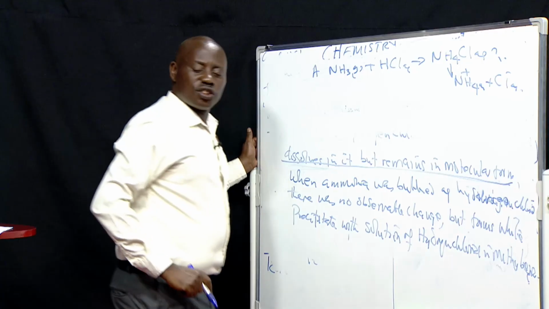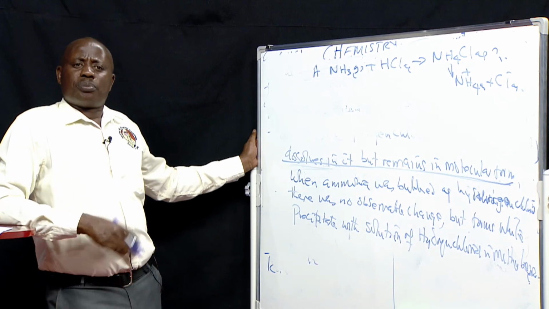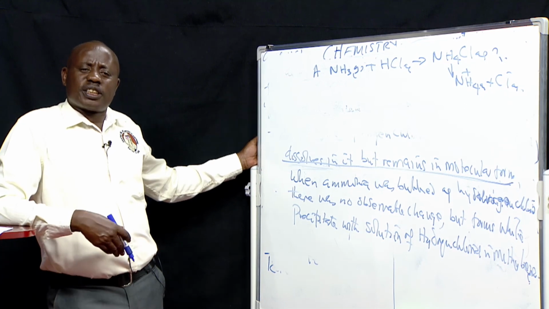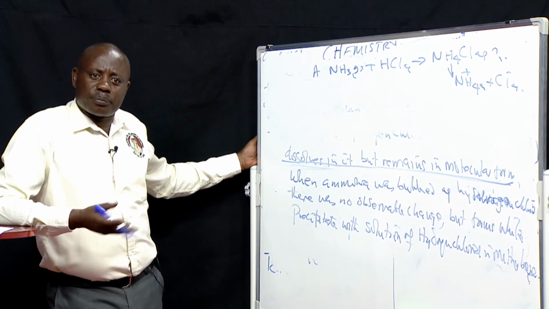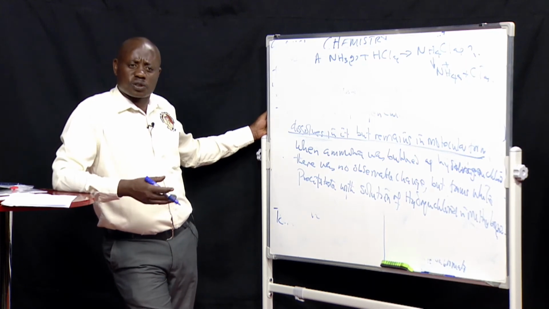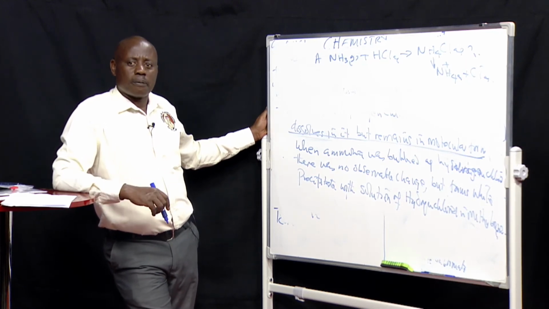And in this case, there is no observable change because the salt formed is soluble. Once the salt formed is soluble, there is no observable change. You can only see a precipitate if the salt formed is insoluble.